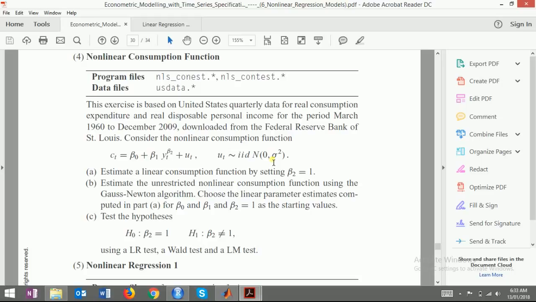Estimate the linear consumption function by setting beta 2 equals 1. Estimate the unrestricted nonlinear consumption function using the Gauss-Newton algorithm. Choose the linear parameter estimates computed in part A for beta naught and beta 1, and beta 2 equals 1, as the starting values. Test the hypothesis using LR, Wald and LM tests. Okay.